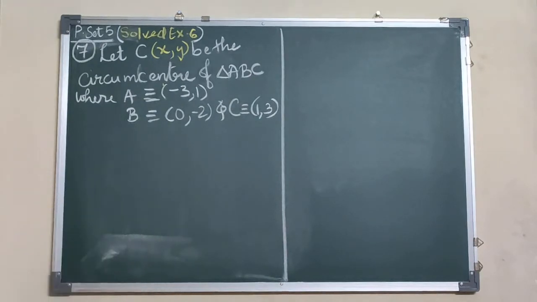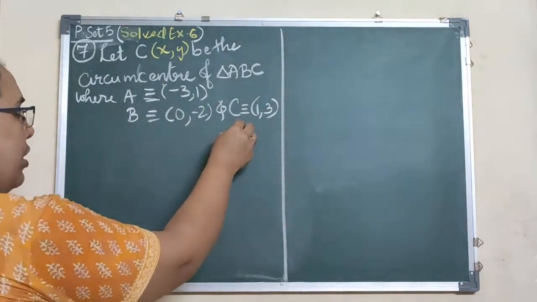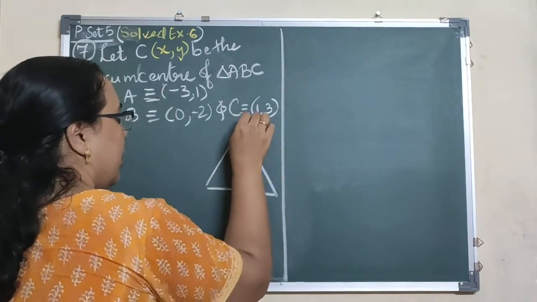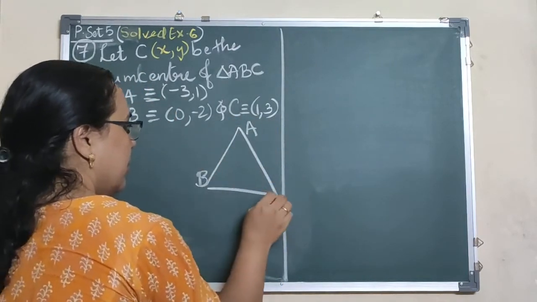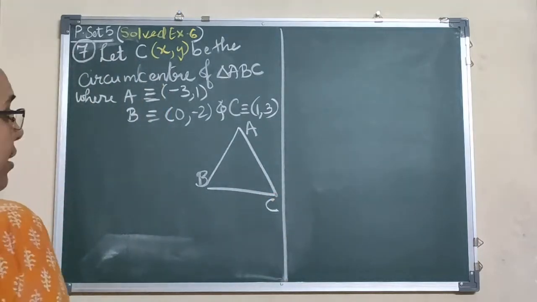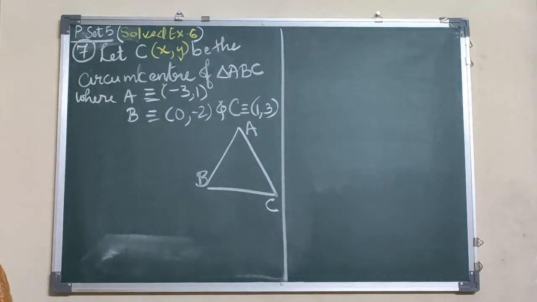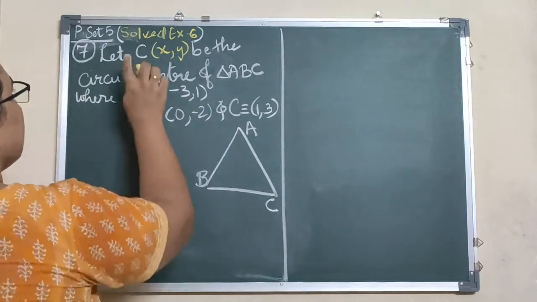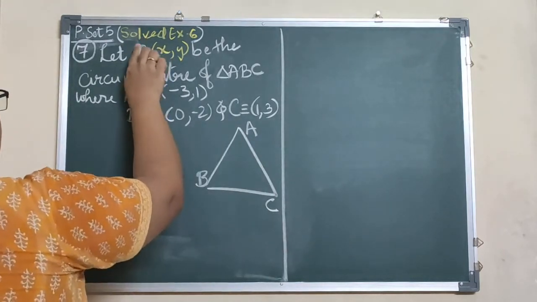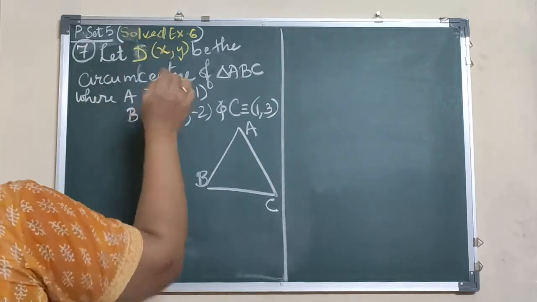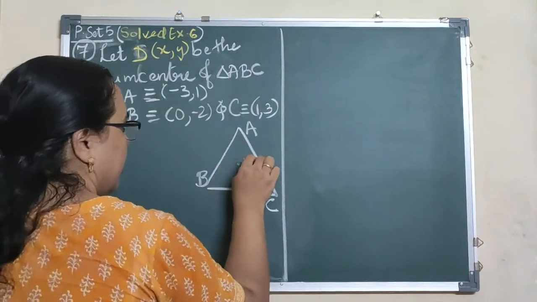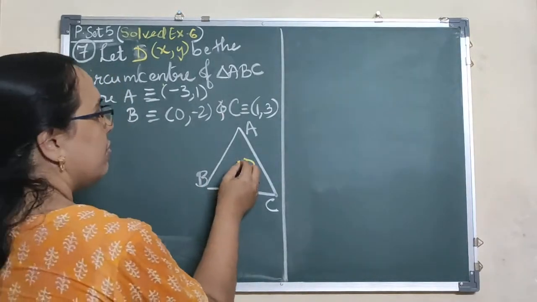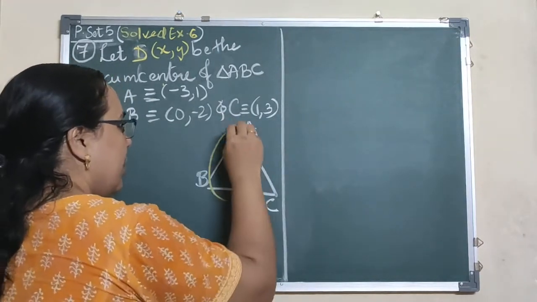Now, since it is a circumcenter, keep one thing in mind, girls. When it is a circumcenter, this is a triangle ABC, and here lies, I'll take this as D. Here lies my point D. Since this is circumcenter, I hope you know what is the meaning of circumcenter.